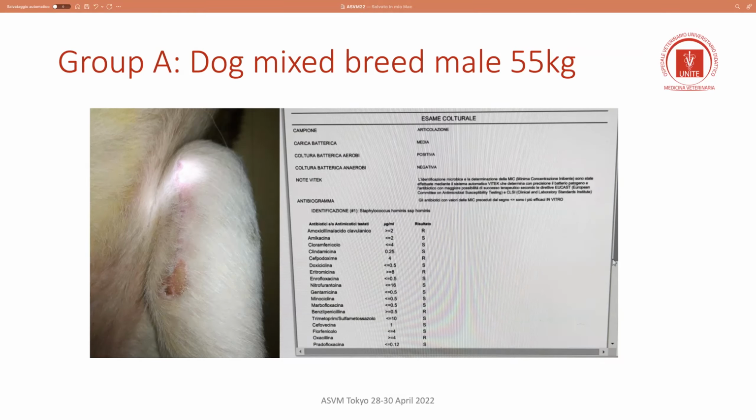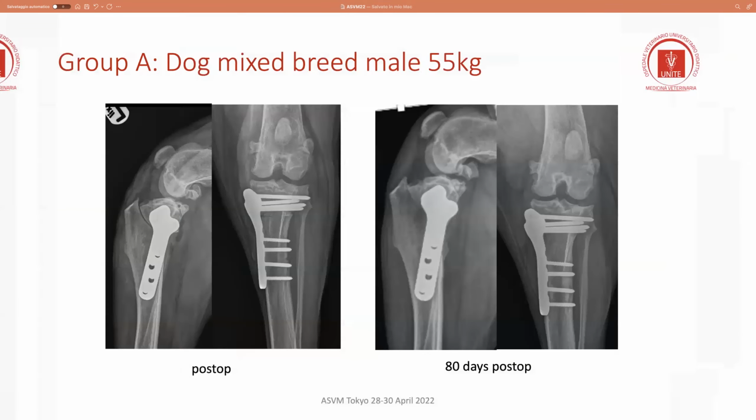Again, this bacteria was resistant to different antibiotics, so we decided to treat this infection using enrofloxacin at a dose of 5 milligrams per kg for 10 days. And fortunately, again, we achieved bone healing within 80 days postoperatively.